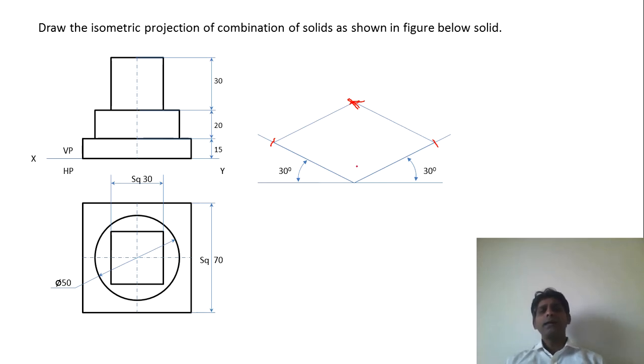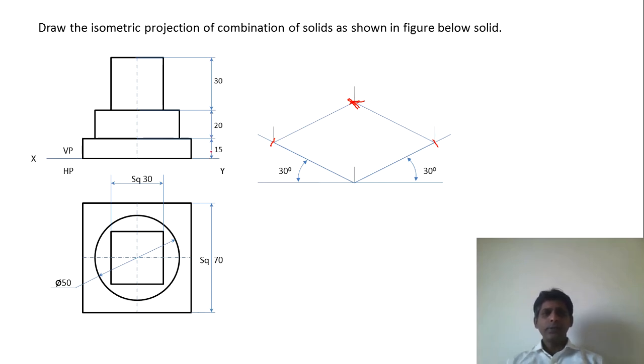So we can do that in software, but while we are doing it manually, we have to calculate each of these lengths and mark those lengths here on this particular view or isometric projection. So we can either use the multiplying factor, or we have to make use of the isometric scale. So I will be solving this problem in Solid Edge also after this explanation, so we can understand it better.